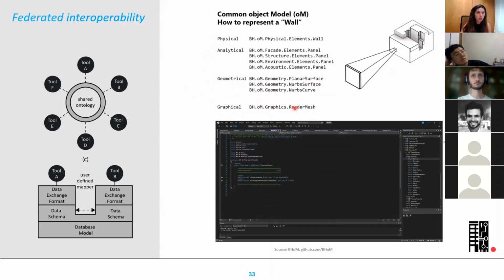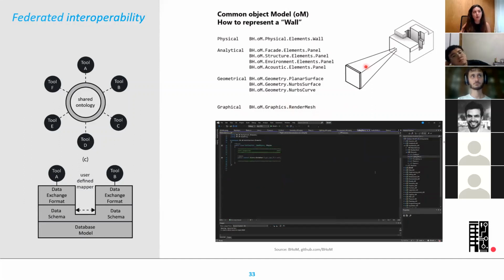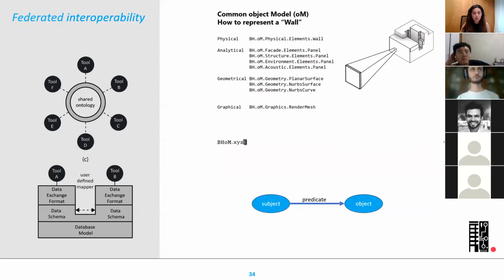And then we can also have an overall schema of these elements using semantic web technologies. So that's why, in terms of describing wholes and parts, BHoM is an ontology. It has a shared schema, but it does not link the objects to each other. Therefore, it doesn't have this layer of shared ontology, and this can be solved with the semantic web.